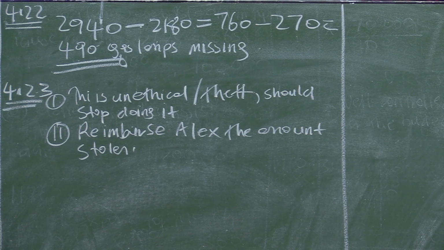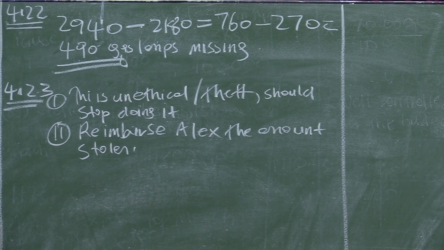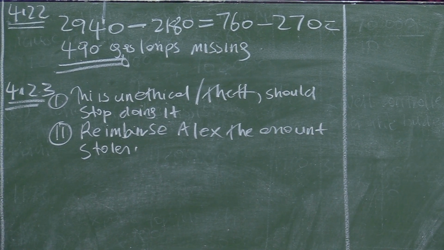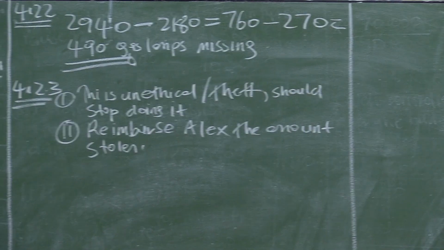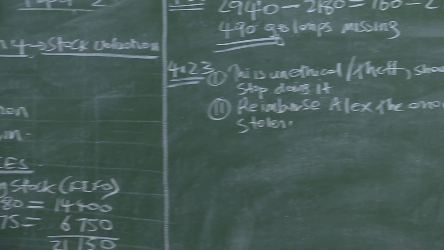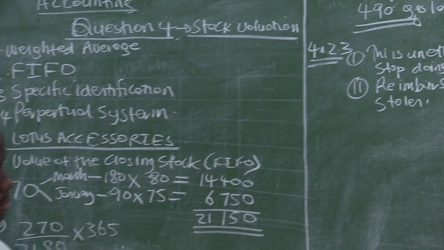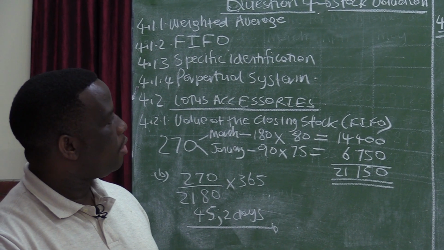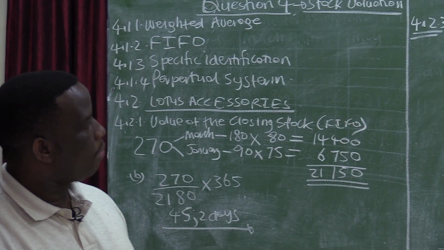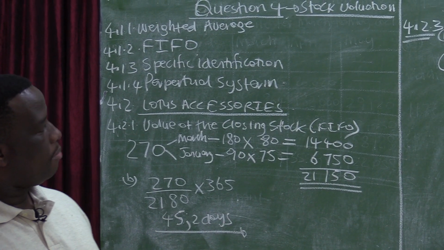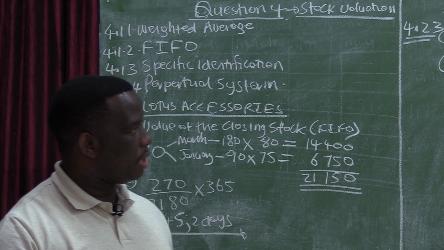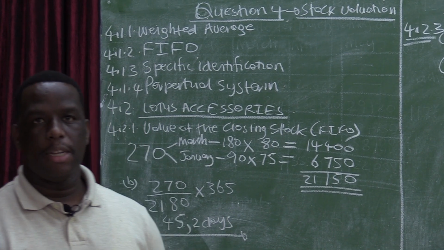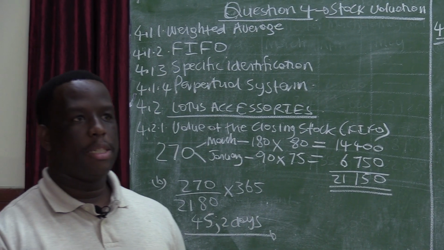We are saying that he should reimburse Alex the amount stolen. So this is what Alex needs to tell his brother, that what you're doing is unethical, it is theft, and he should stop doing it. And if he has to continue working with his brother, then the brother needs to know that he needs to pay this money back. There are so many ways we can use. We can even recover this money from his salary.